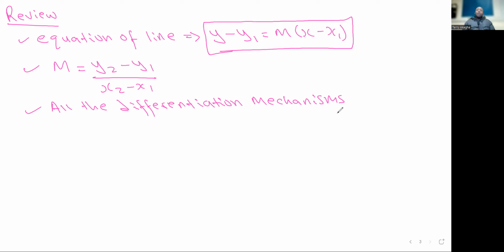All right, but in this case, we want to find the equation of a tangent. How do you find the equation of a tangent? I'll write down the equation now.